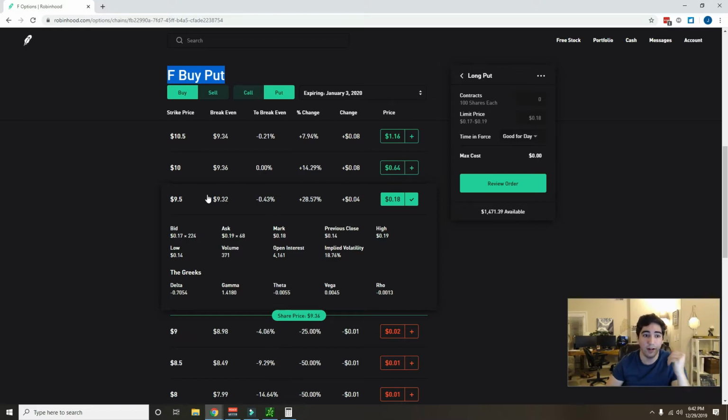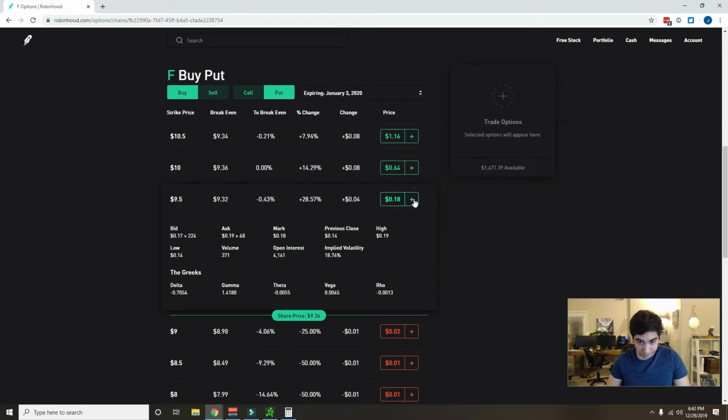If it ends higher than the strike price and you're selling a put, you're going to receive that credit as the seller of the put. The stock is currently trading at $9.36 right now.